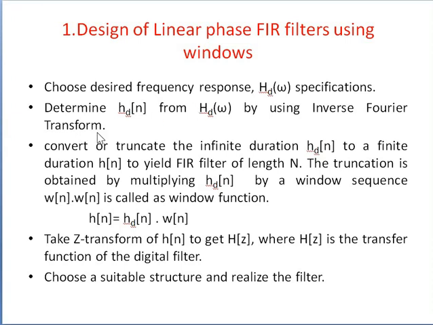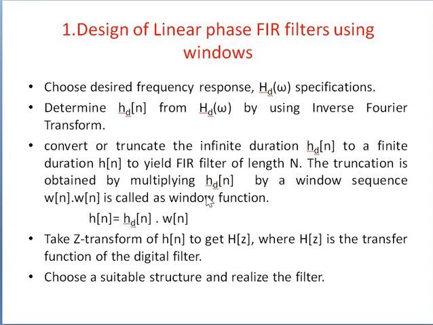Second step is determine HD of n from HD of omega by applying the inverse Fourier transform. Third step is convert or truncate the infinite duration HD of n to a finite duration h of n to get the FIR filter of length capital N.